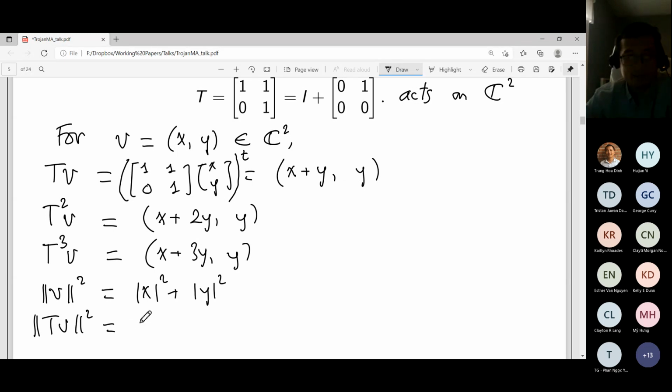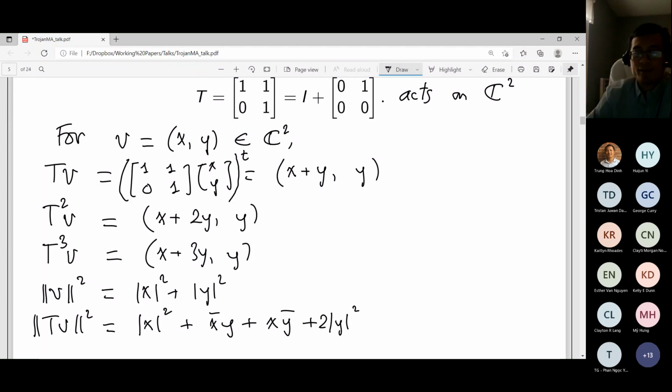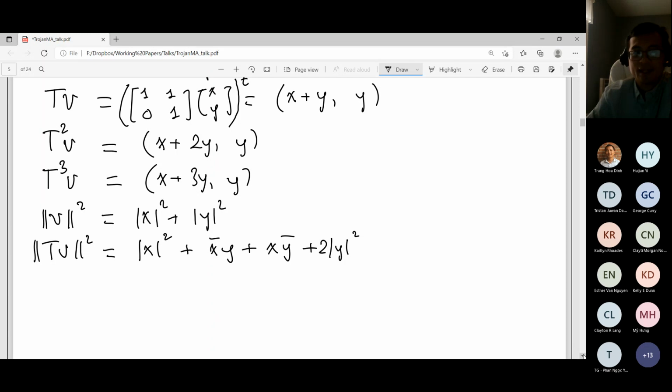So you expand it, it will become something like this: absolute value of x squared plus x bar y plus x y bar plus y squared, and then there's another y squared. So I have actually two absolute value of y squared. That is the length of TV.